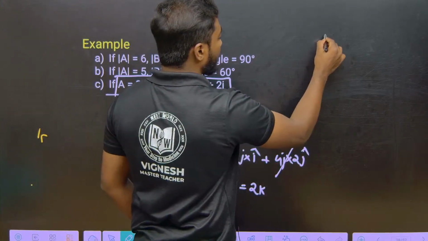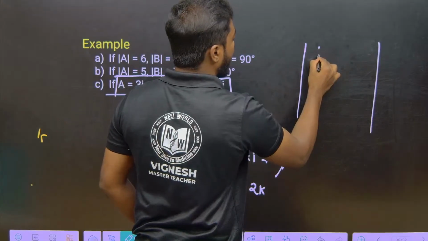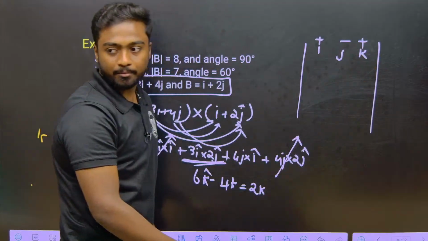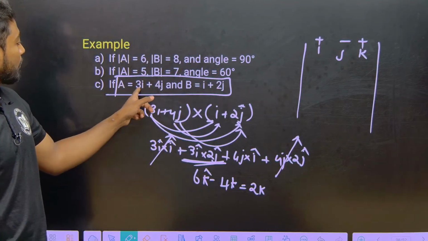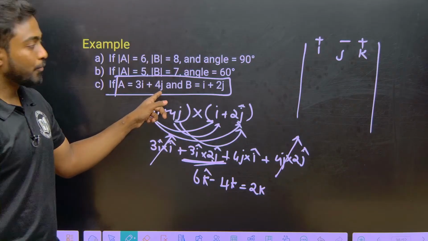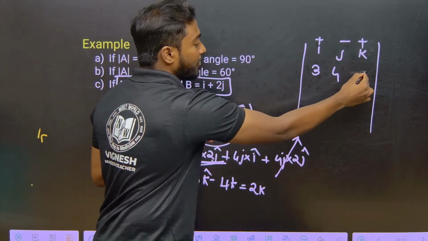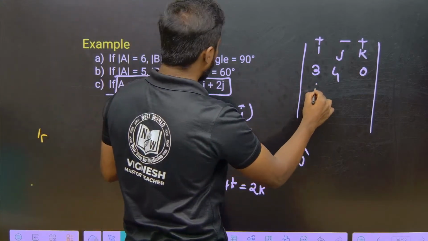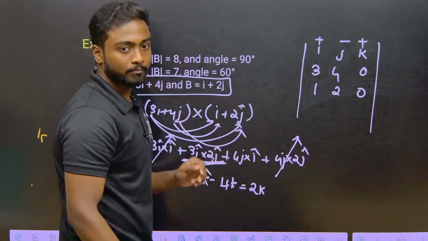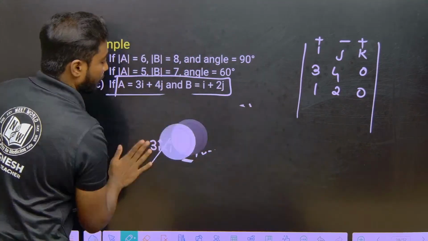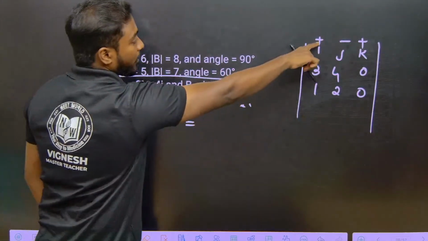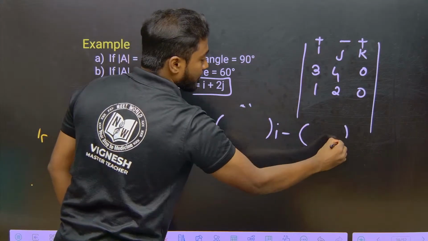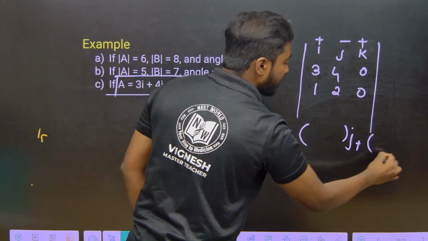I will give one more trick here. Take i j k, plus minus plus. What is the given number here? 3 4, and k is 0. K is not mentioned, so I will take 0. What about B? 1 2 0. Now plus i, minus j, again plus k.